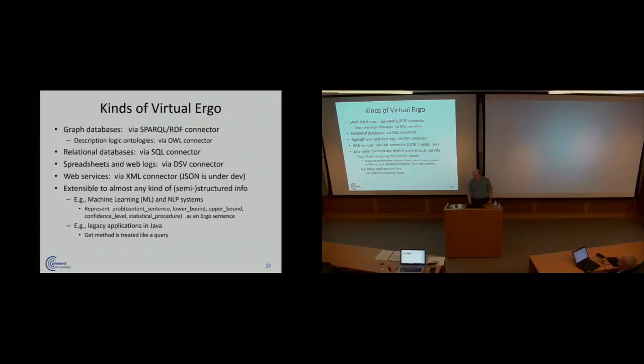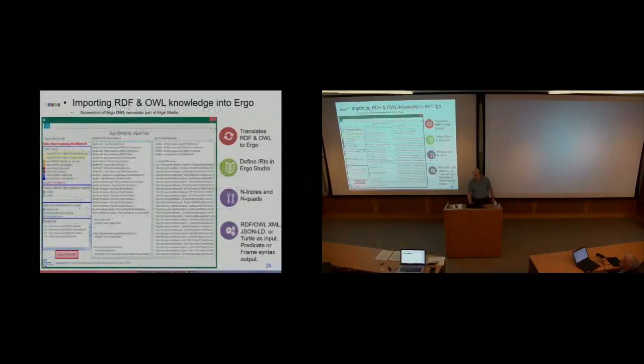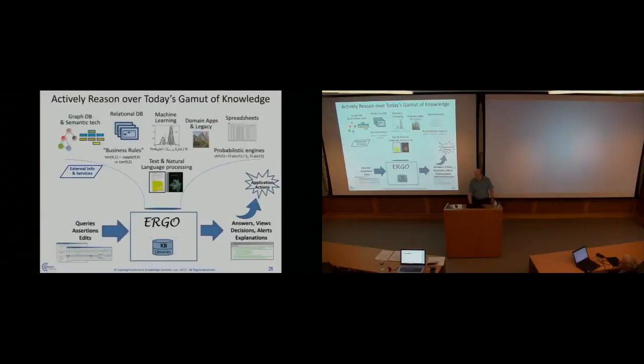So I have a paper and talk at an upcoming conference, a neurosymbolic workshop on combining KR and machine learning methods. We have tools for importing, for example, RDF and other kinds of information into Ergo that support a variety of formats such as JSON-LD or Turtle and triples and quads, as well as RDF/XML.